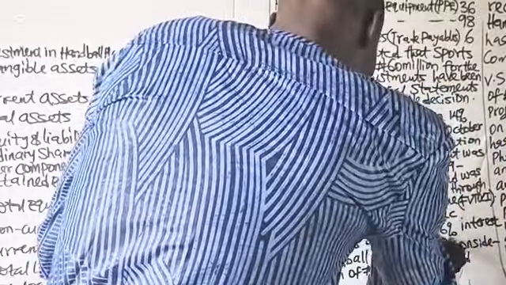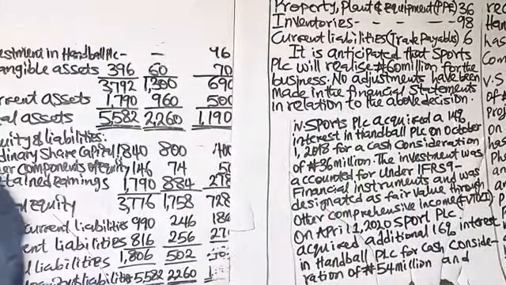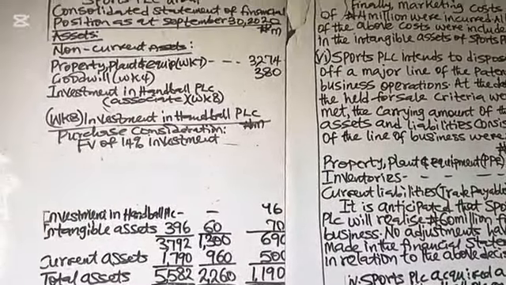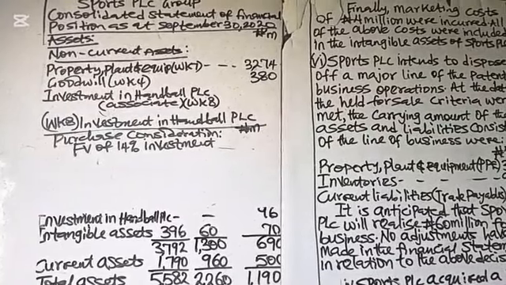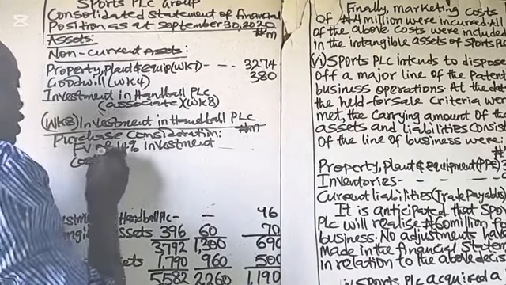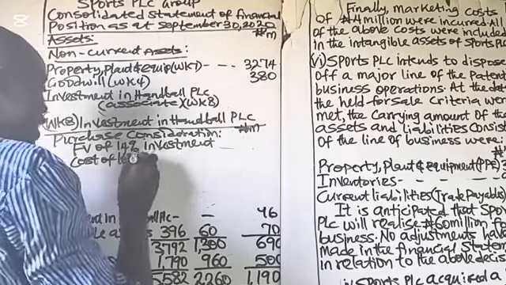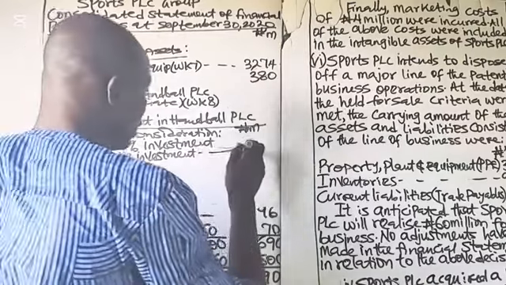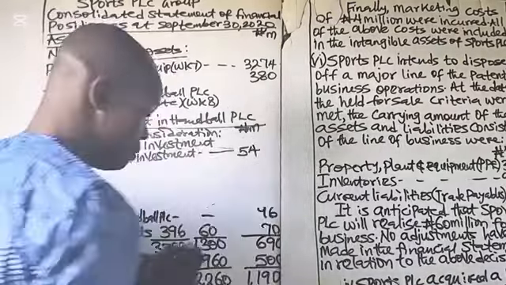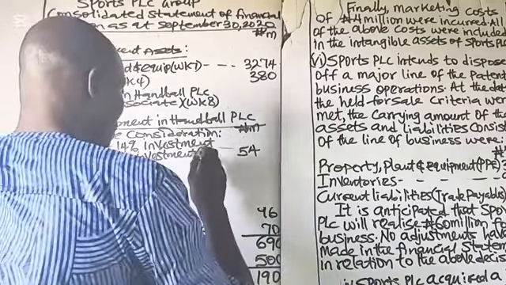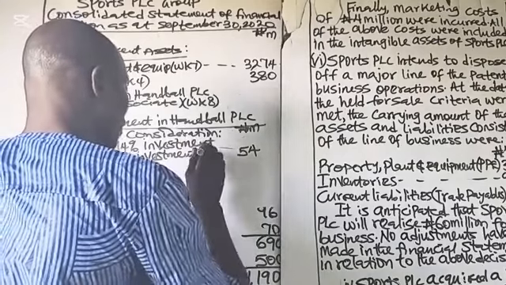This additional 16% investment, the consideration for that is 54 million. That will form part of the purchase consideration. So now we have plus cost of 16% investment, and that is given to be 54 million from additional information note 4.